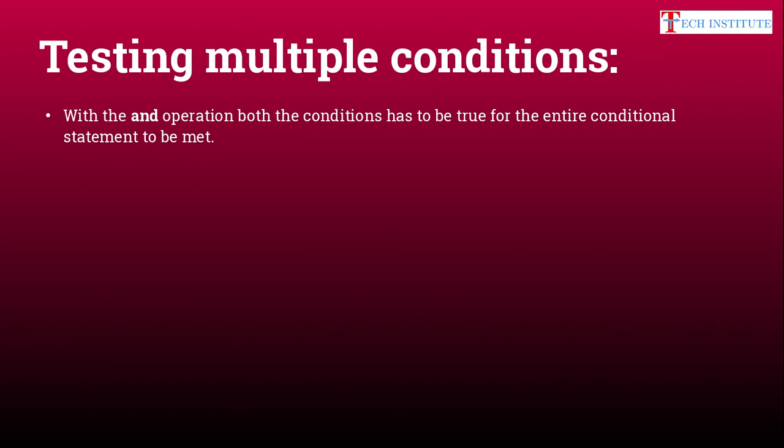With AND, whatever conditions you put, it has to meet all of those conditions, and only then it can run the task. You can see an example here: ansible underscore machine, this is a fact variable. If that value is x86 underscore 64 and minimum memory is more than 512 MB, then only it will run. That means it has to meet both these conditions, and only then it will run.